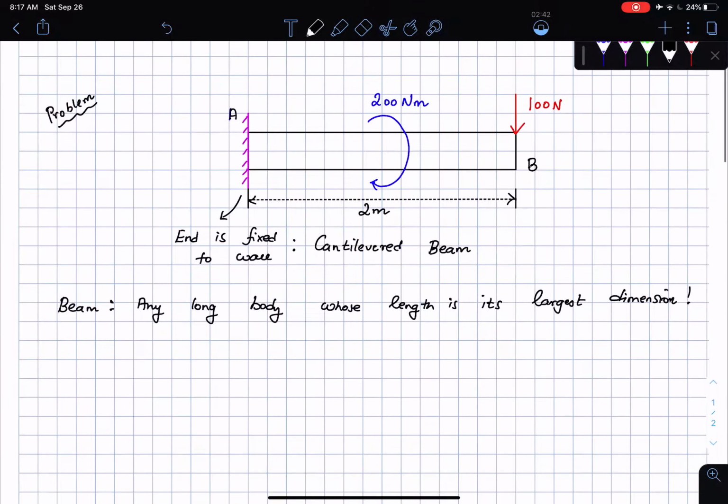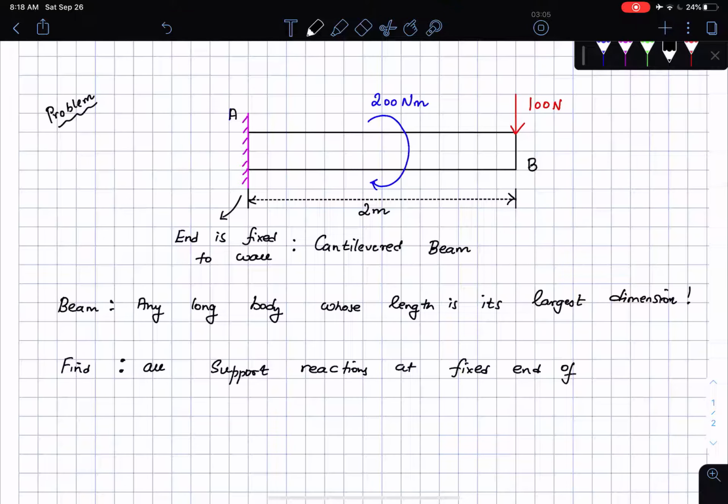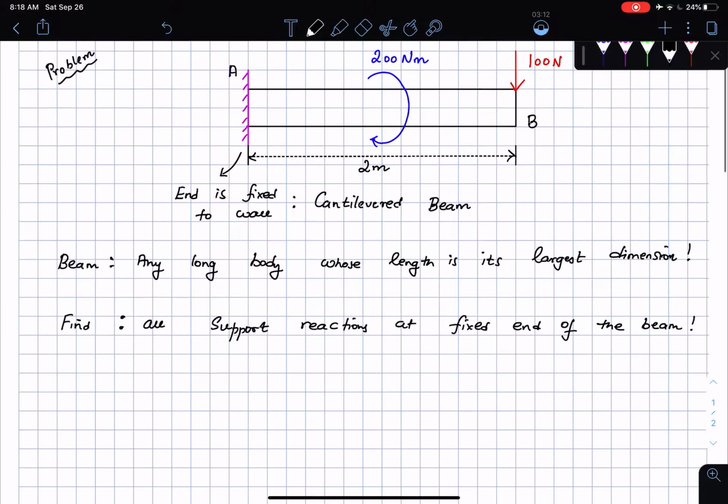All right, so what am I supposed to do in this problem? Find all support reactions at the fixed end of the beam. A couple of assumptions that you are allowed to make here is that we can neglect the weight of the beam.